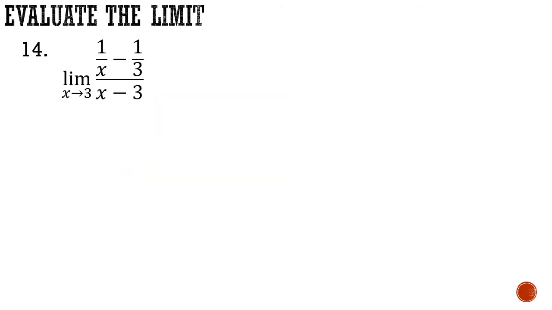Okay, number 14. We're going to evaluate the limit of this complex fraction as x approaches 3. So I'm going to start by simplifying that numerator, get a common denominator. Limit as x approaches 3.